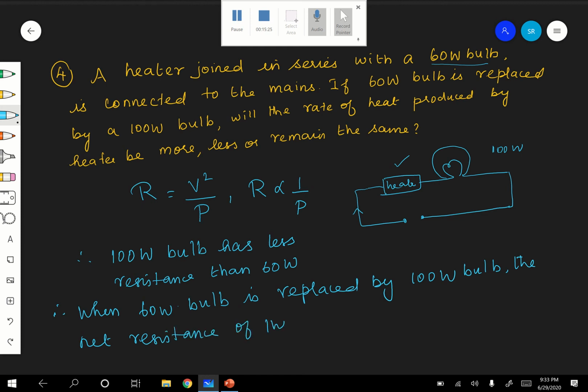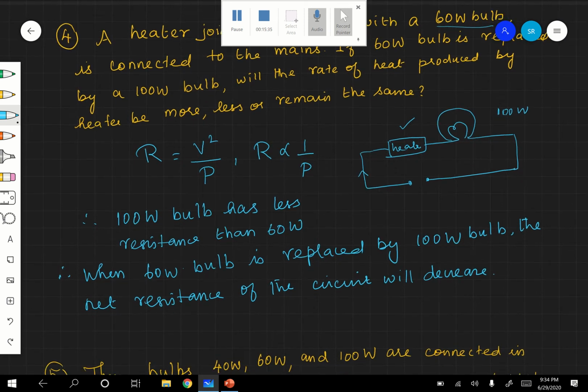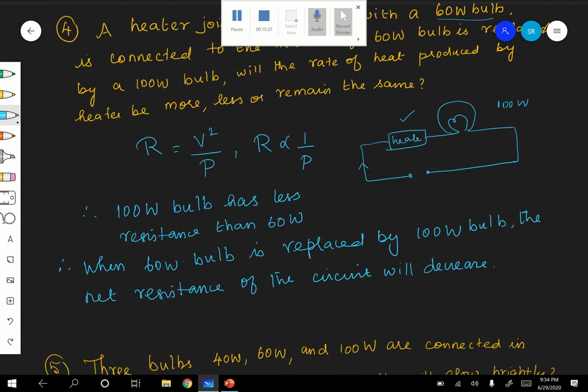Therefore, when the 60 watt is replaced by 100 watt, the net resistance of the circuit will decrease, correct? Are you following? Resistance of the circuit is decreased when you are replacing 60 watt with 100 watt. Therefore, if it is decreasing, what do you say about the current?